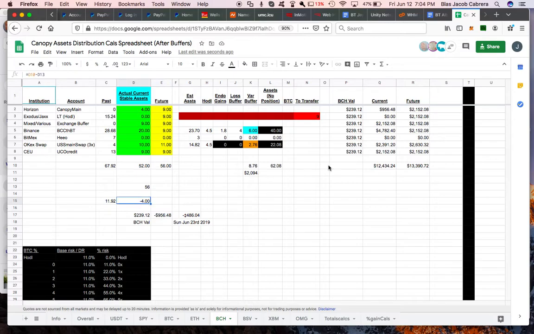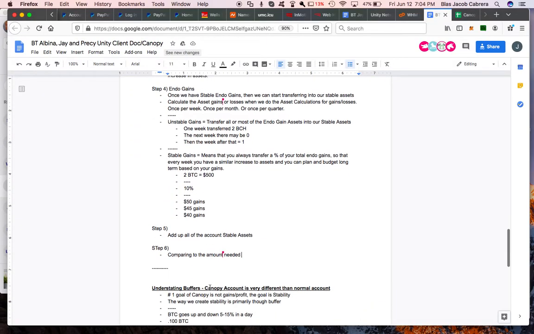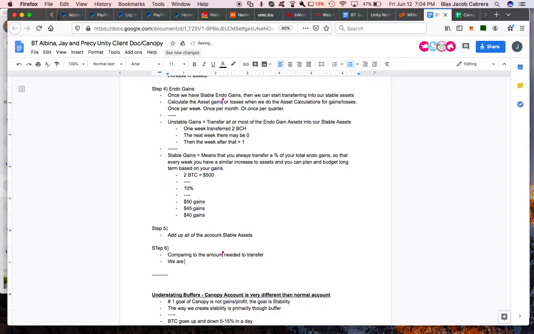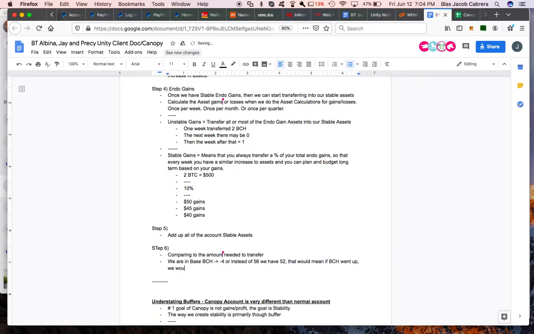So what does that mean overall? That means that if we are in base BCH, right, and we have -4, or instead of 56 we have 52, that would mean if BCH went up, we would be losing more money than if we simply exchanged more, let's say, Bitcoin and put it in BCH.